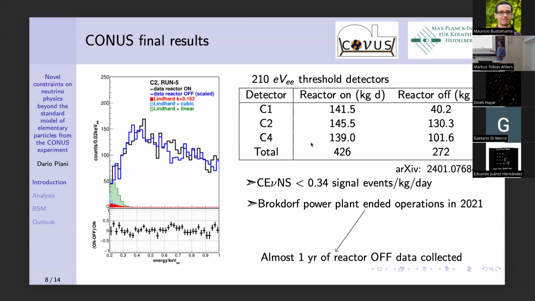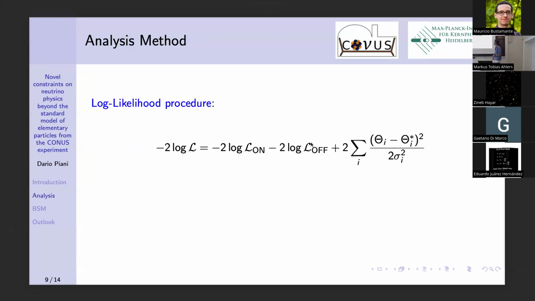This is the final CEvNS result of the CONUS experiment, which set at the time the best limit on CEvNS detection at nuclear reactors. But unfortunately, the power plant was shut down in 2021. So as we will see later, the experiment had to relocate.